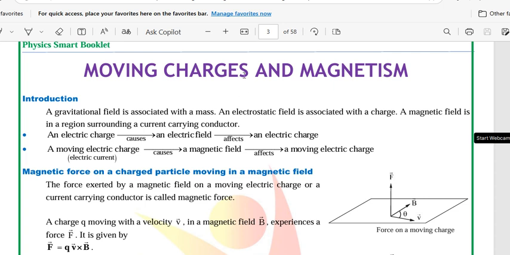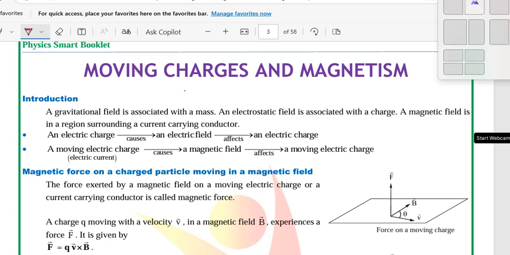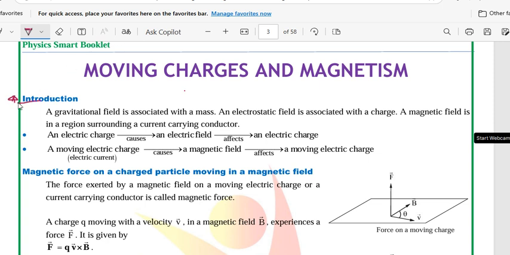Now the introduction part related to your syllabus, that is the introduction part of today's session, moving charges and magnetism.